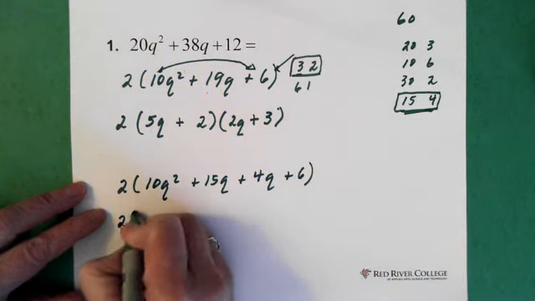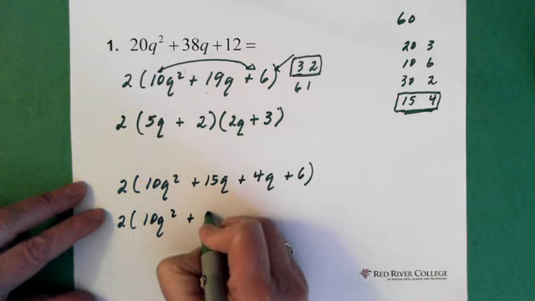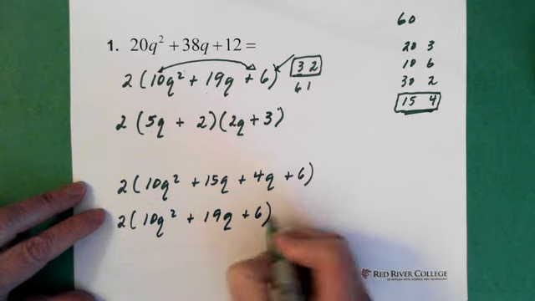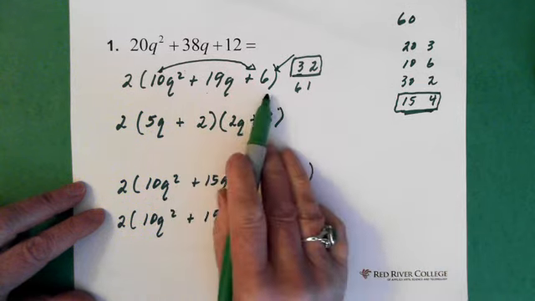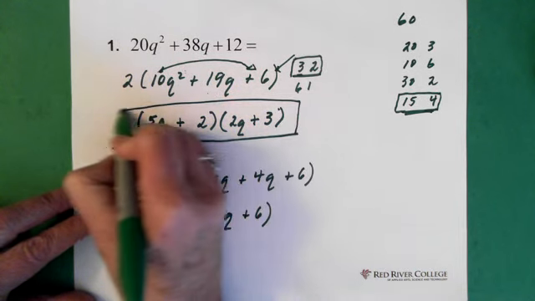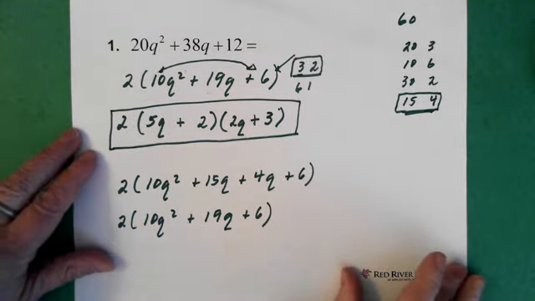So we end up with 2 times 10q squared plus 19q plus 6. We check and see if we're right. Yeah. So this then is the correct factors. Okay.